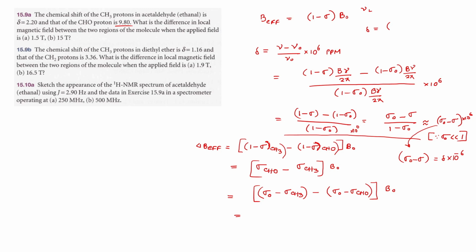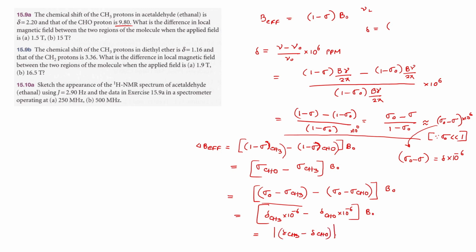Okay, so sigma 0 minus sigma CH3. Now we know this will come for delta CH3 into 10 to the power minus 6, minus this will come for delta CHO into 10 to the power minus 6, and the given magnetic field is the same, right? So it is actually delta CH3 minus delta CHO.